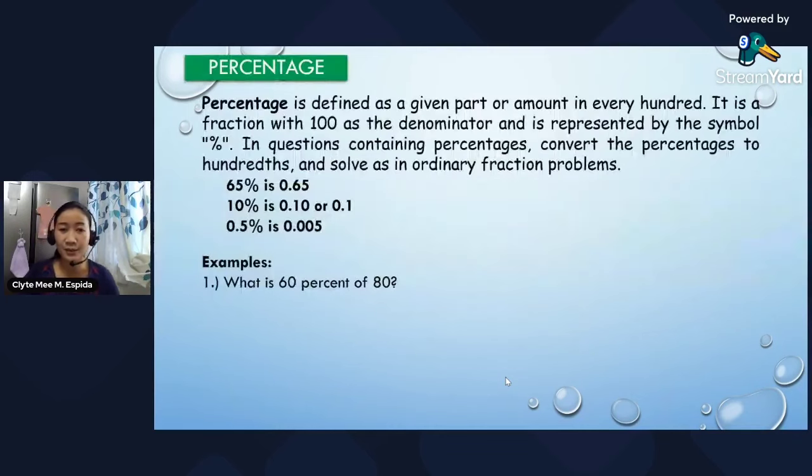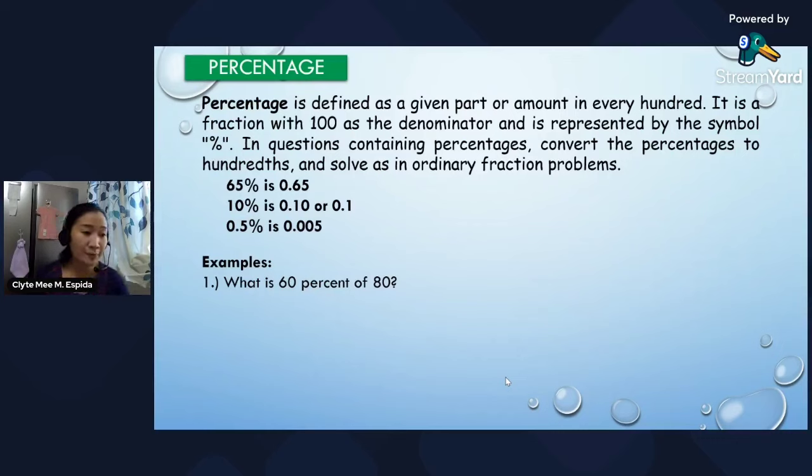So what is percentage? Percentage is defined as a given part or amount in every 100. So it is a fraction with 100 as the denominator and represented by the percent symbol. In a question containing percentage, we're going to convert it first to hundredths or decimal.